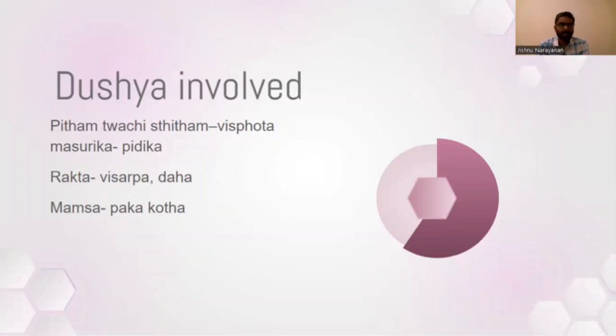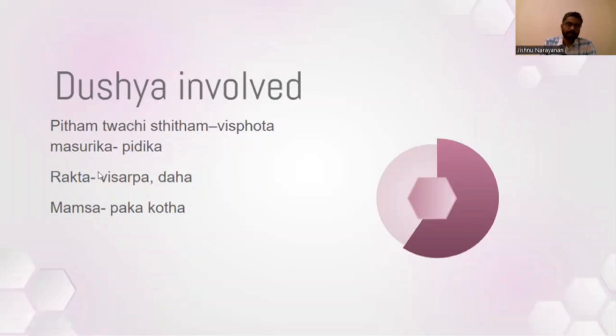So the most important and easiest way of understanding which is the most prevalent dushya involved is to see the symptoms. If there is visphota, masurika, or small papules, maculopapular lesions, pitikas, then usually we can consider them as a vyadhi in the tvak or in the rasa.